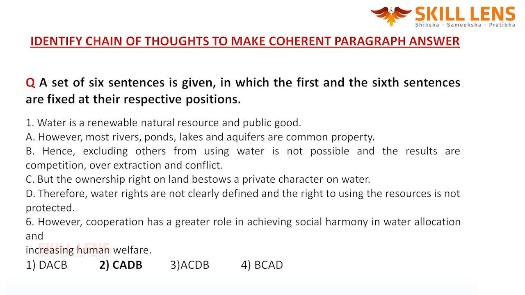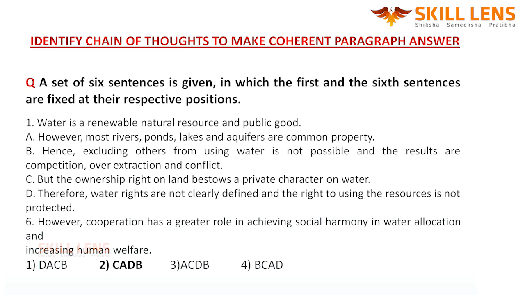Then we connect that with sentence B. Hence, excluding others from using water is not possible and the results are competition, over-extraction and conflict. You can also connect sentence B with sentence 6.